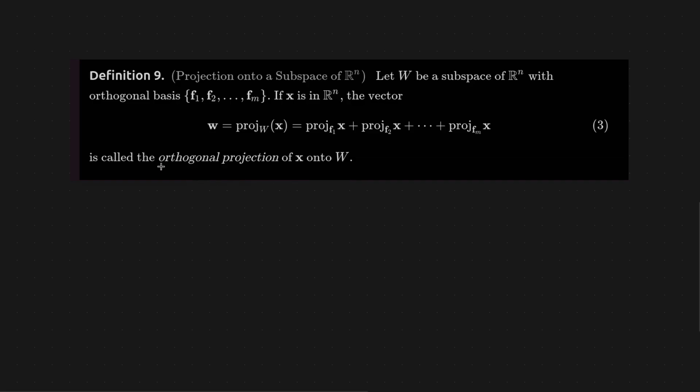We call this the orthogonal projection of x onto the subspace W. So you just need to take the orthogonal projection of x onto each vector in your orthogonal basis, then add it together. That will give you the projection of x onto subspace W. It will tell you the portion of x that's traveling within that vector space.